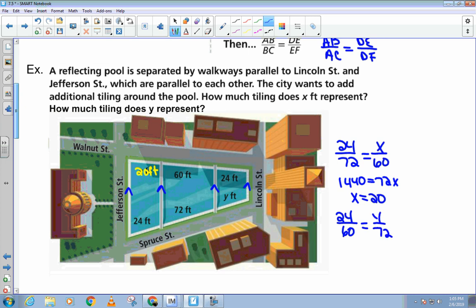So we cross multiply: 24 times 72, 1728, equals 60y, and you end up with 28.8.